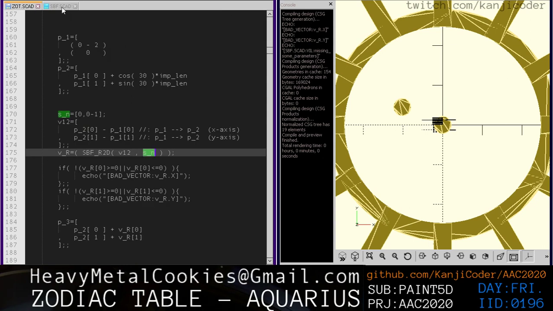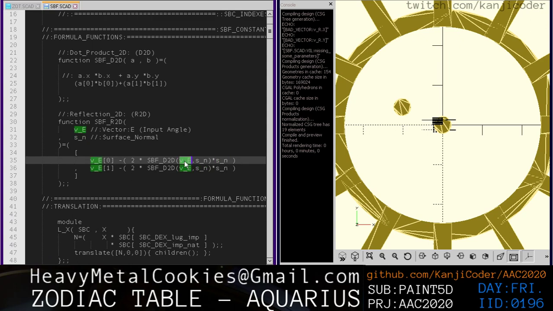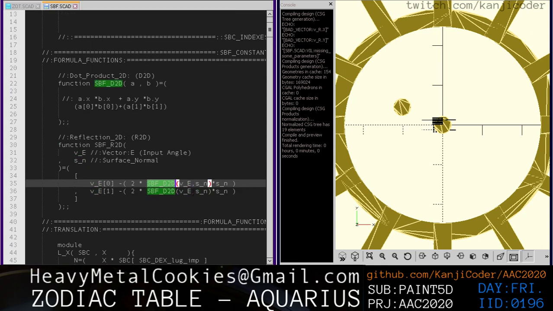The surface normal, that's also a tuple, okay. So is this wrong by any chance? So this gets us a scalar times... Oh, wait, that's what's wrong. So when we times by the surface normal, right, we're just multiplying it component-wise. So this is surface normal 0, and this is surface normal 1, right?